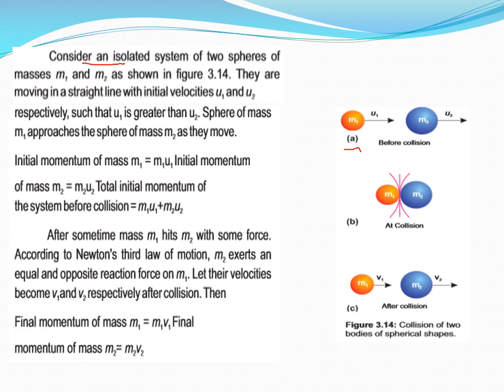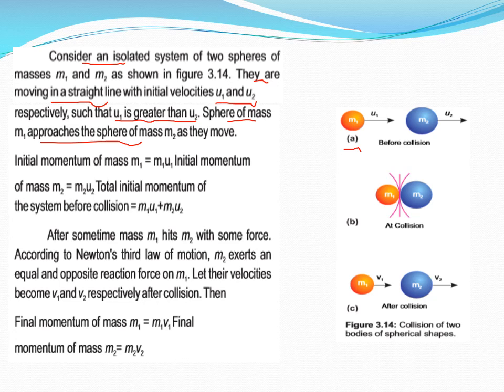They are moving in a straight line with initial velocities u1 and u2 respectively, such that u1 is greater than u2. So what is the consequence of this condition? m1 would be colliding with m2 after some time. So the sphere of mass m1 approaches the sphere of mass m2 as they move. It is very much clear from part A of figure 3.14.